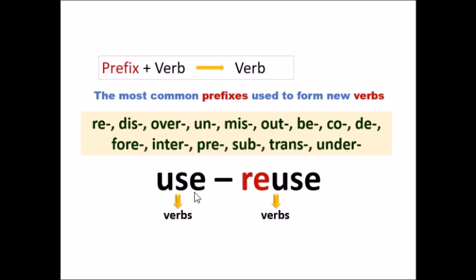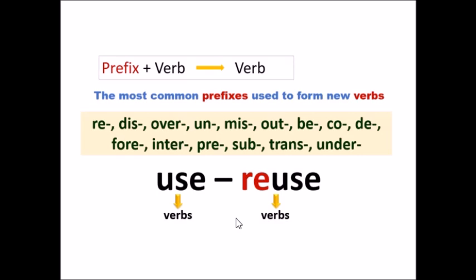Example, use. Use is a verb. Now what we have done, we have added a prefix re. By adding a prefix, we have formed another verb, reuse. Both are verbs. So we add a verb prefix to a verb and we construct another verb.